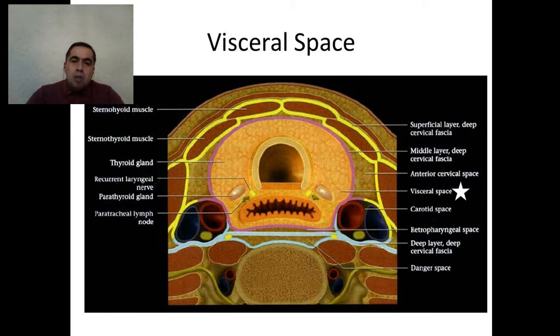I mean, the cervical part of the vagus nerve ends by the arising of the recurrent laryngeal nerve, and you are looking at the paratracheal lymph nodes.